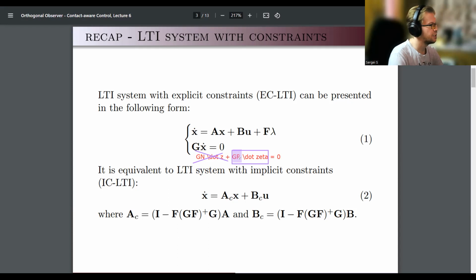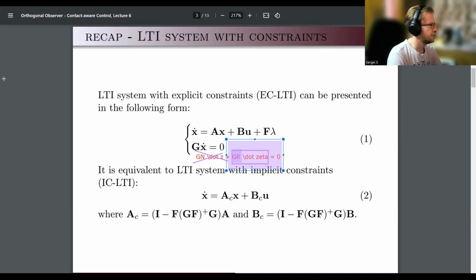So this matrix would be full column rank. Right? That's what the row space is: a space of vectors which map to unique outputs. So there is no null space for G R. That means that for this equation to hold, G R times zeta dot equal to 0, zeta dot has to be equal to 0. That is the only way for this equation to hold. And that's exactly what it is. Zeta dot would always be 0.